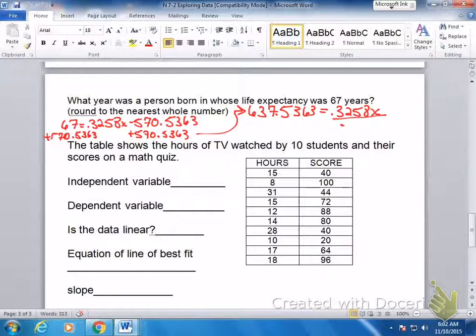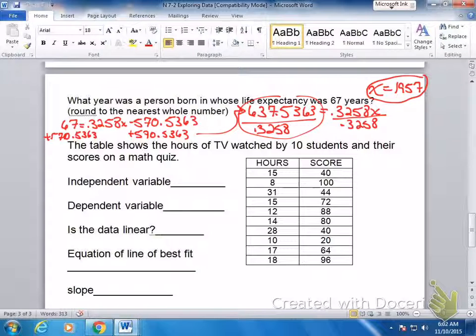I'm going to divide both sides by what's attached to X, 0.3258. I put this in my calculator, and you end up getting X equals, if we round that, 1957. So what that means is that in 1957, you had a life expectancy of 67 years.